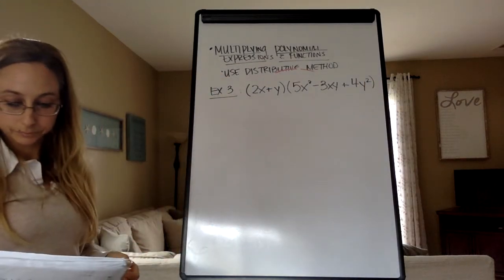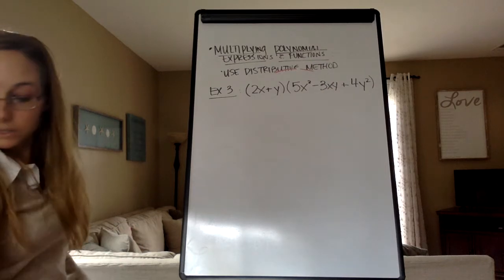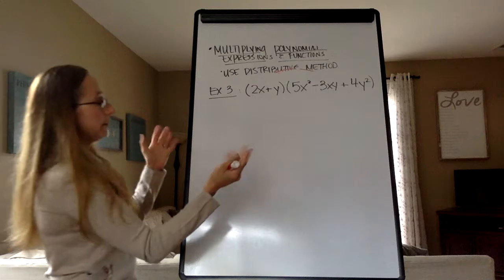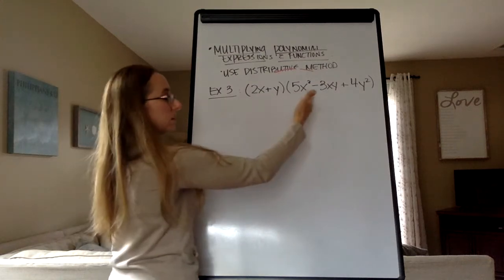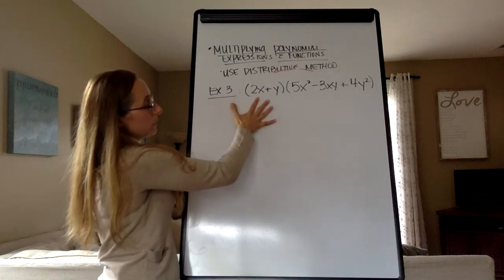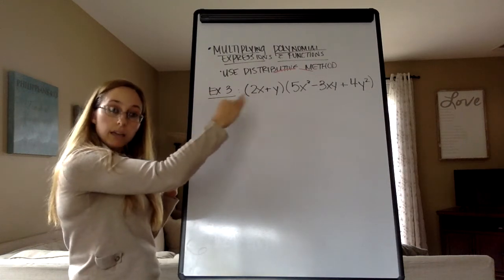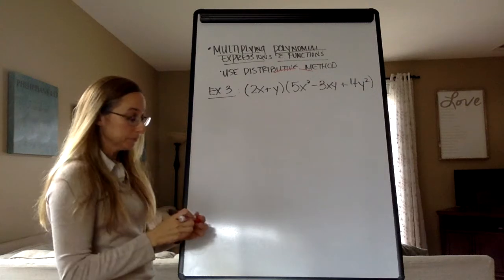Okay, so even though the polynomials expand and are growing bigger in the number of terms that they have, it doesn't matter. It's the same concept. So again, our first polynomial has two terms, so we're going to take each individual term and distribute it to every single term in our second polynomial.